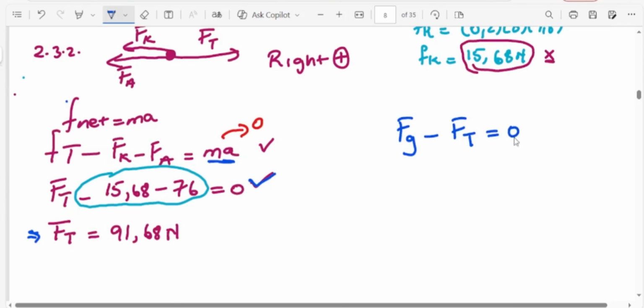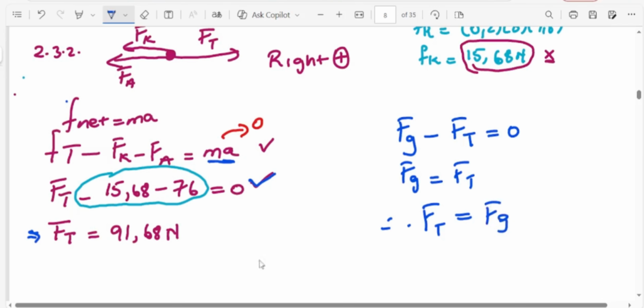Then, why are we equating to 0? Because these are vertical forces. So now, Fg equals Ft, the tensional force. Therefore, we can see that the force of tension equals Fg.